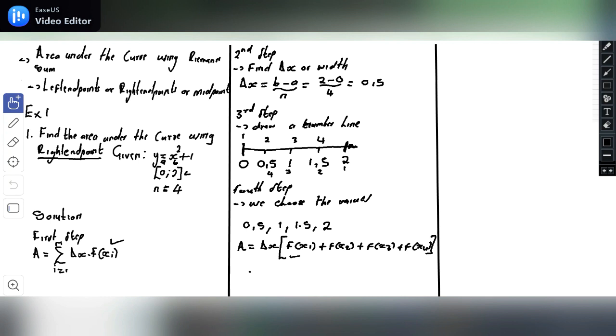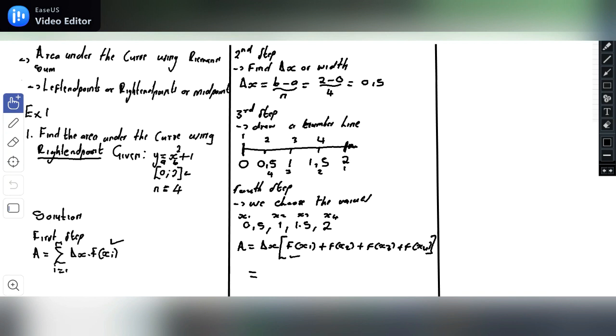So now, what about f of x1? Remember the values that you choose, it means this represents x1, this represents x2, this represents x3, this represents x4. We don't care about the order.